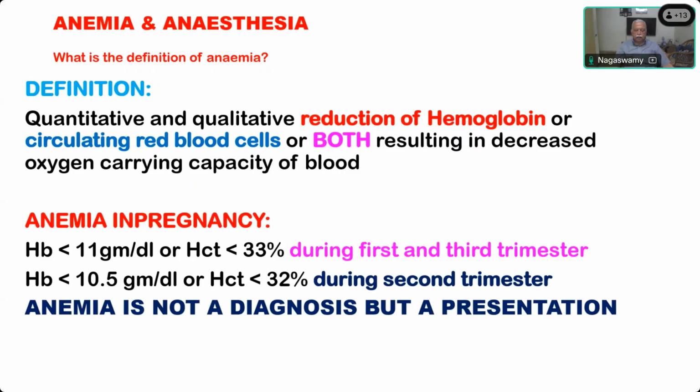And I have hematocrit. What is the relationship between hemoglobin and hematocrit? Hematocrit is 3 times the Hb, sir. Very good. So that is why 13 grams will be equal to 39. Supposing the hematocrit is higher than three times your hemoglobin, what does it mean?